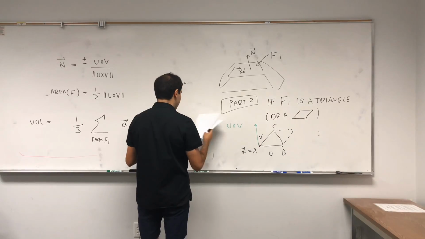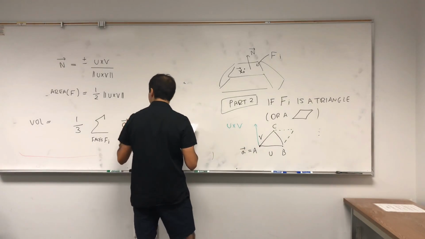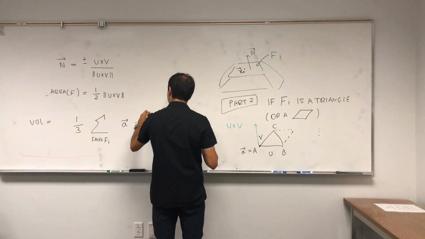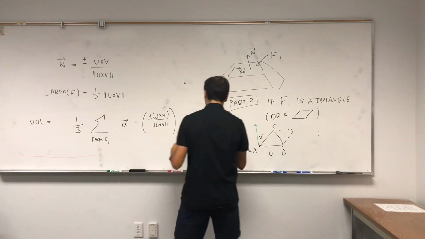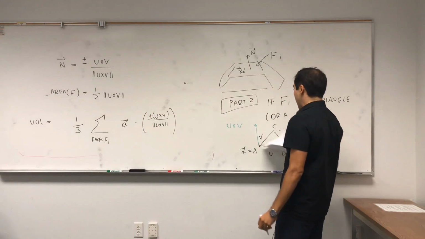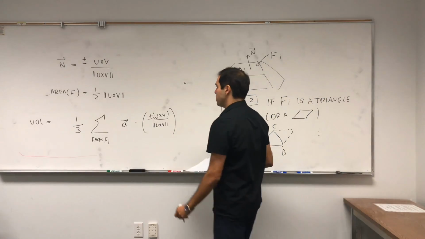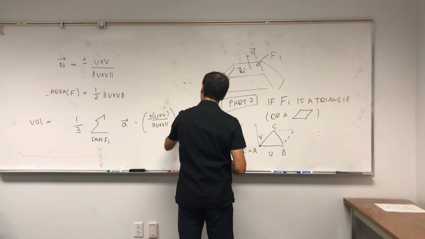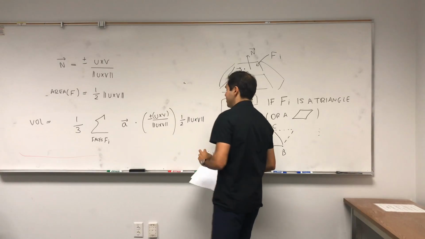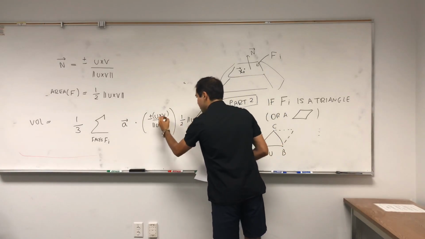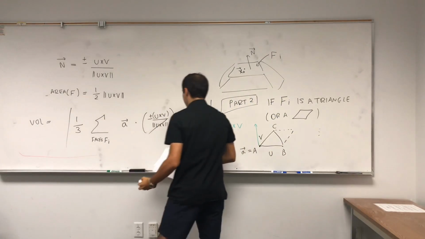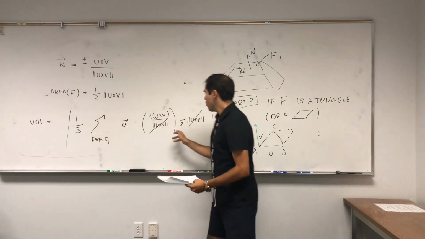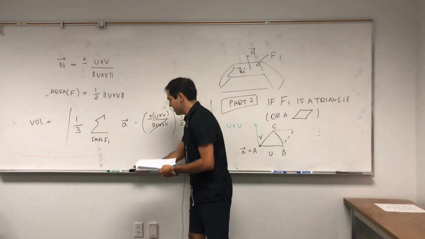It doesn't matter if you use A, B, or C, dotted with the unit normal vector plus or minus u cross v over length of u cross v, times the area of the face, which just becomes 1/2 times the length of u cross v. This cancels out, and remember, in the end, put absolute value. And therefore, we get 1/3 times 1/2, so it's 1/6.